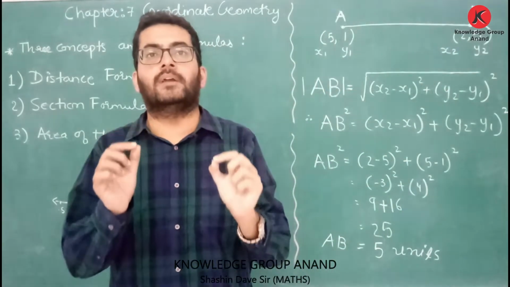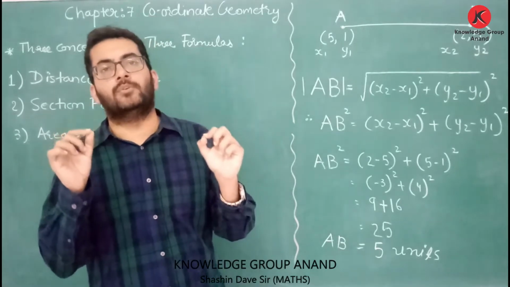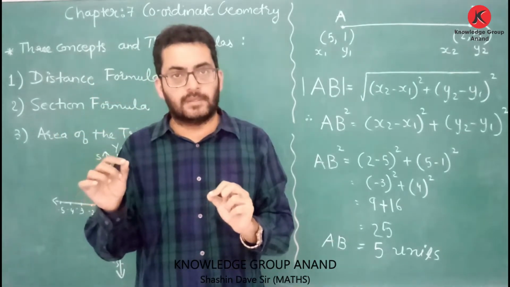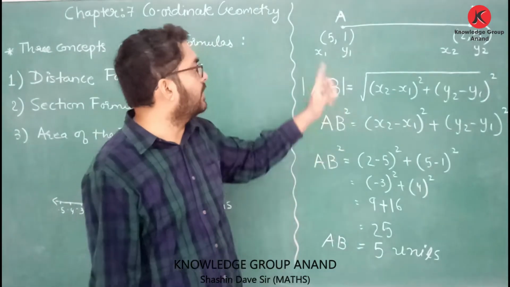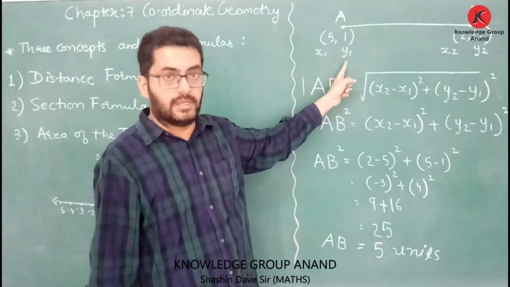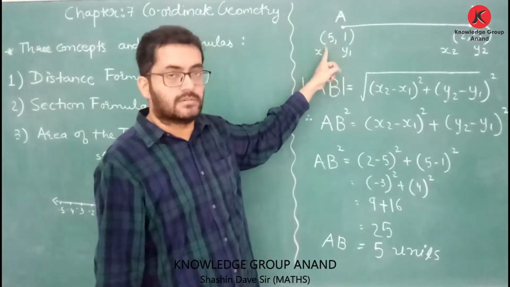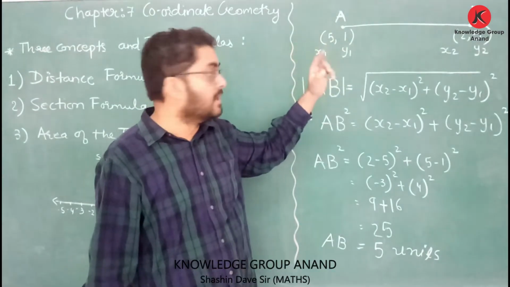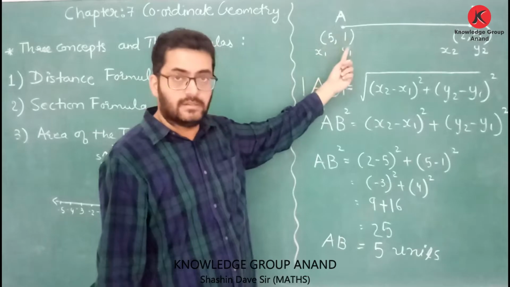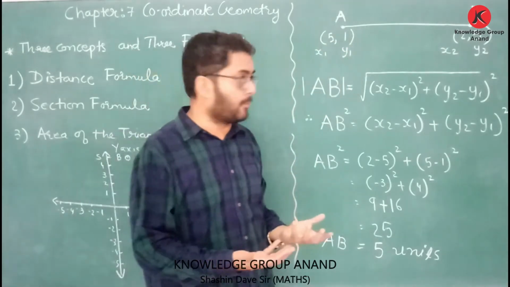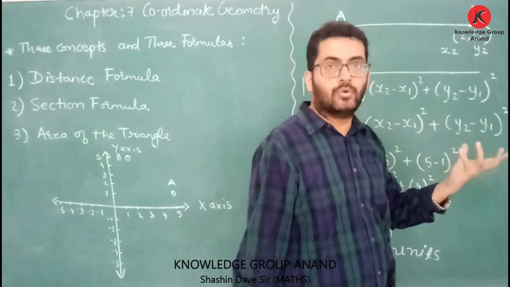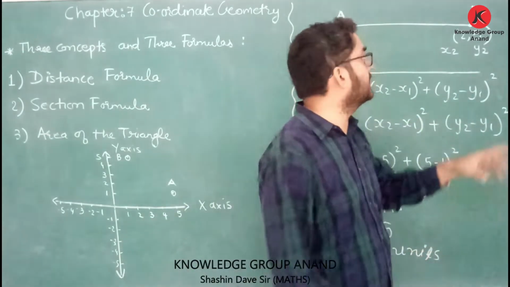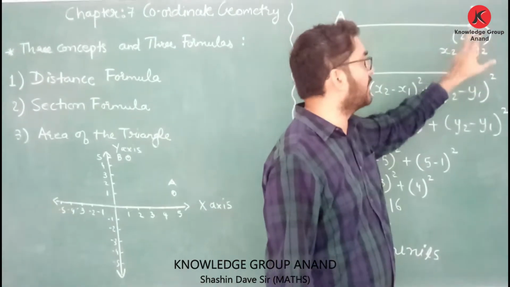The coordinates of point A are known as x1, y1. X coordinate is always written first, y coordinate is always written second. तो दूसरा पॉइंट कौन सा है? दूसरा पॉइंट है B. तो उसके कोऑर्डिनेट्स होंगे x2, y2. In this particular case, the value of x2 is 2 and y2 is 5.